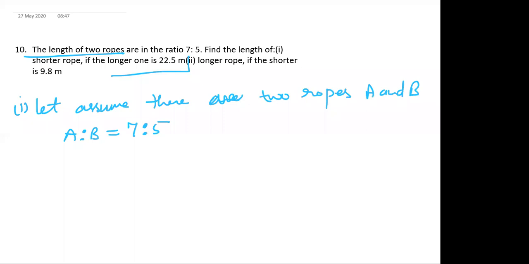So I have assumed that we have two ropes A and B, so A ratio B is 7:5. It is given in the question. So we have to find the shorter rope if the longer rope is 22.5.